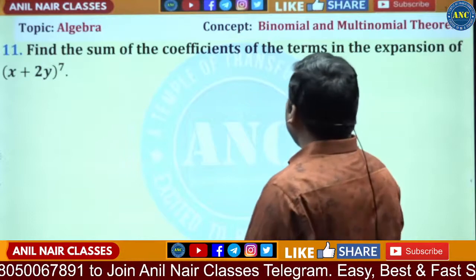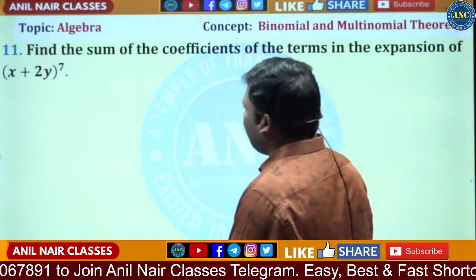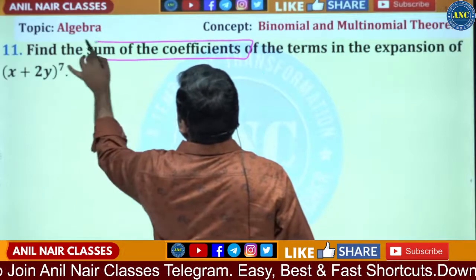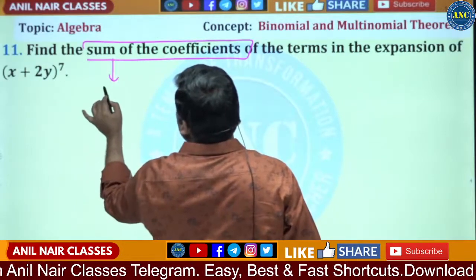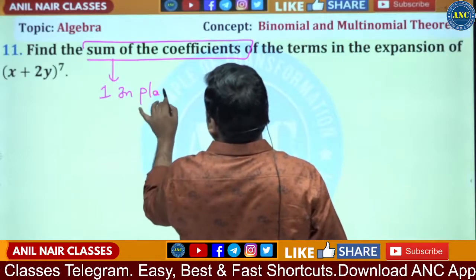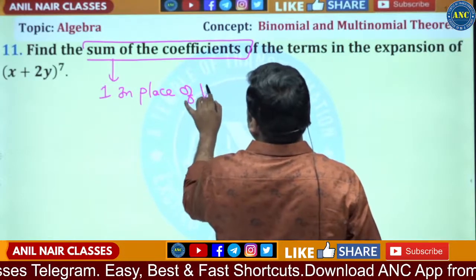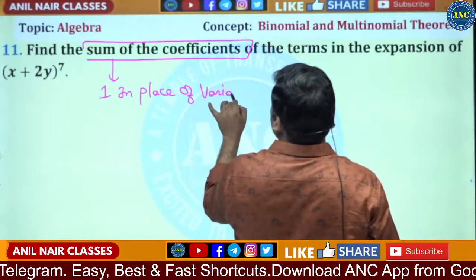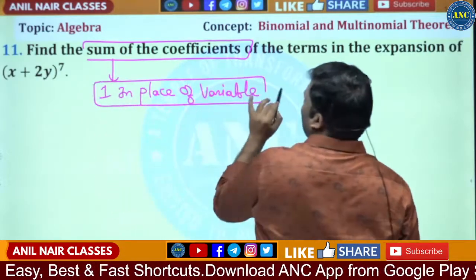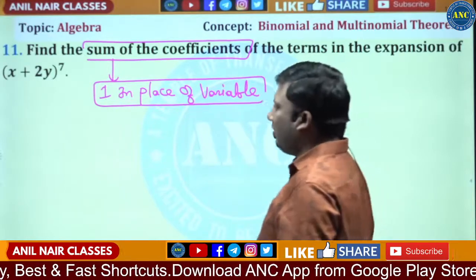11th one, find the sum of the coefficients. Sum of the coefficients is given by substituting 1 in place of every variable. Wherever a variable is there, if you substitute 1, that will give the sum of the coefficients.